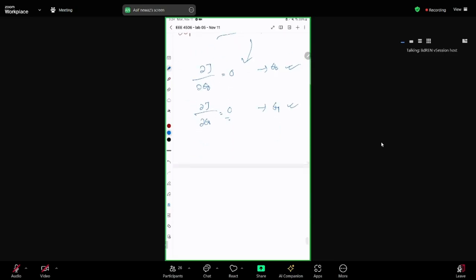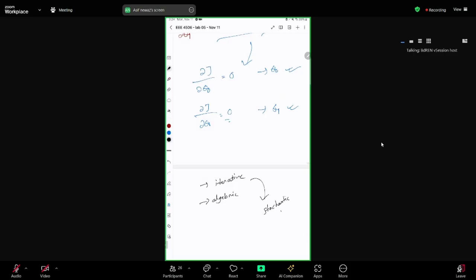This kind of optimization, you can do in many different ways. One process is the iterative way. Another is the algebraic method. The iterative method is called the stochastic gradient descent algorithm.